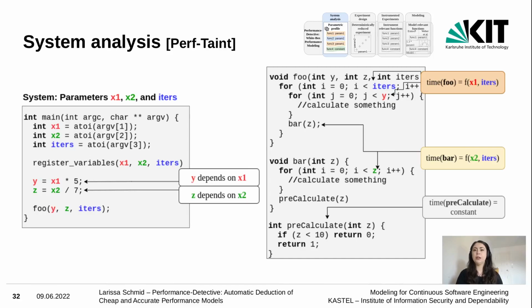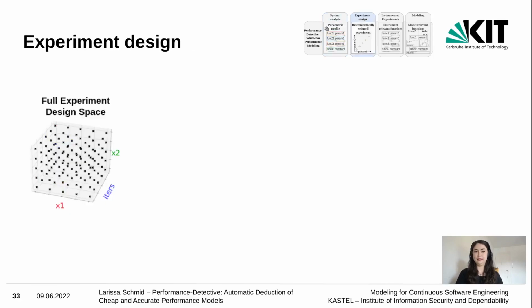So what we can also see is that iter's linearly influences the runtime of the main computation as it is the outermost loop, and also that there is no function that depends on x1 and x2. And now we will make use of these insights for the experiment design.